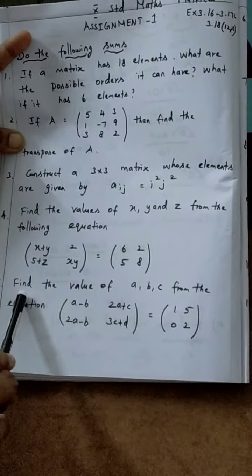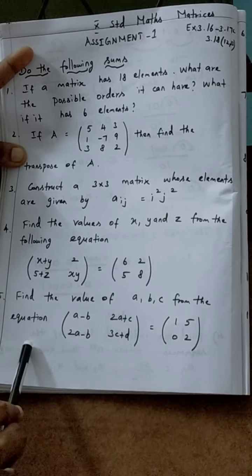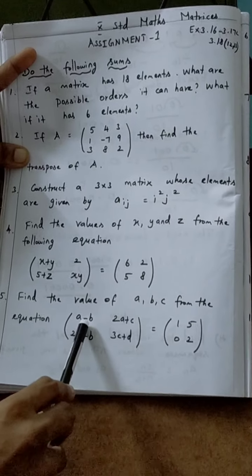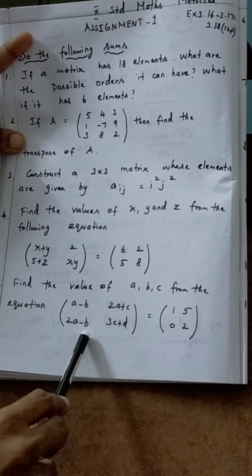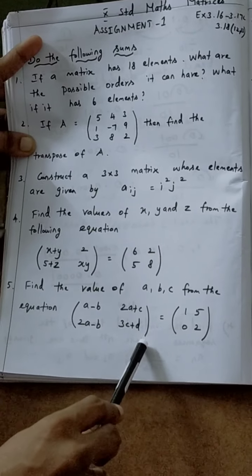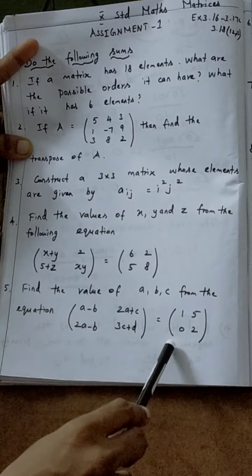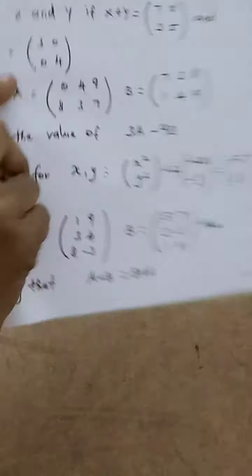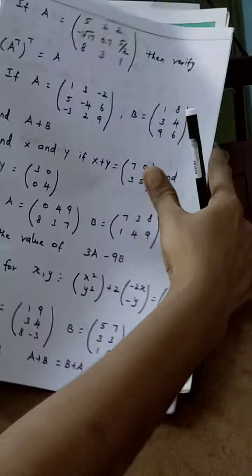Fifth one, find the value of a, b, c from the equation. Within bracket, a minus b, 2a plus c, second row 2a minus b, 3c plus d, equal to, within bracket, 1, 5, 0, 2. Next one is the sixth question.